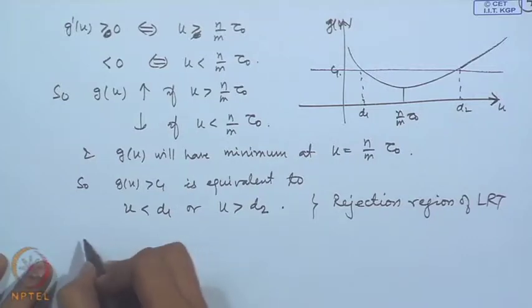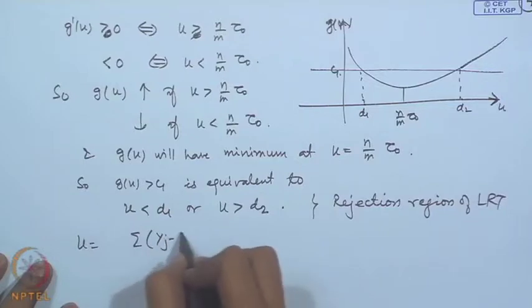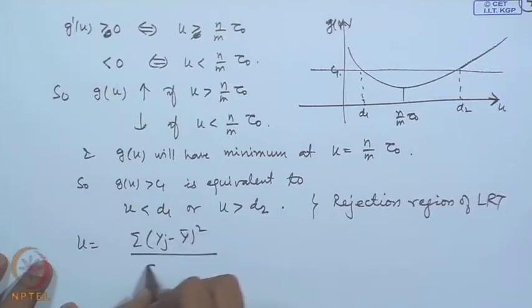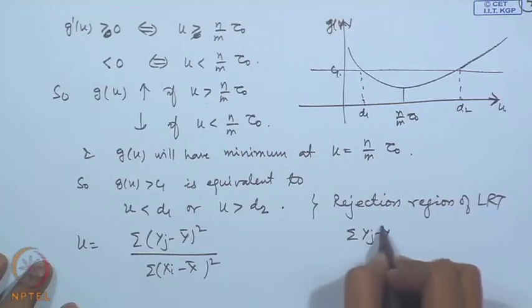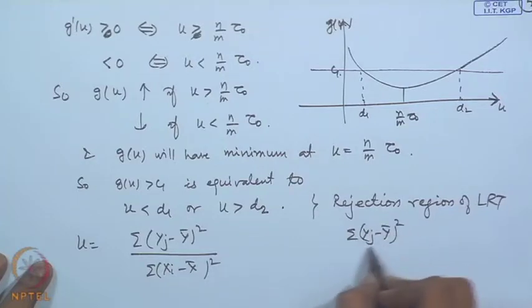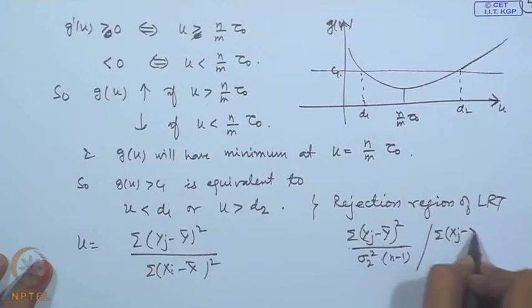Now, this quantity u, that is sigma y_j minus y bar square divided by sigma x_i minus x bar square. So, if we consider this, we are having sigma y_j minus y bar square divided by sigma 2 square, and n minus 1, divided by sigma x_i minus x bar square divided by sigma 1 square, m minus 1.